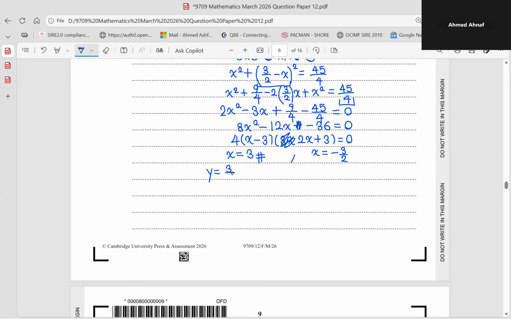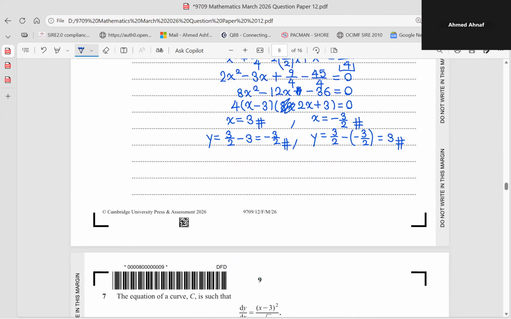So it's 3/2 minus 3, that is 1.5 minus 3, and this is y equals 3 over 2 minus negative 3 over 2. 1.5 minus negative 1.5 is just 3. So these are the coordinates for points A and B, respectively.